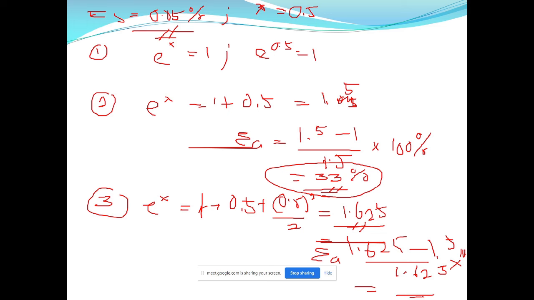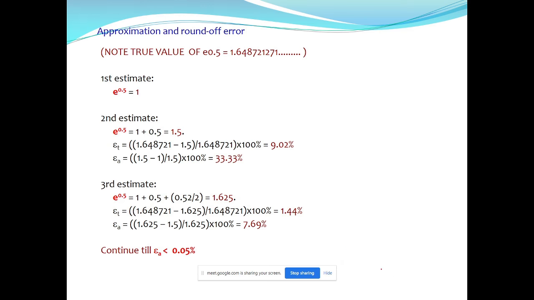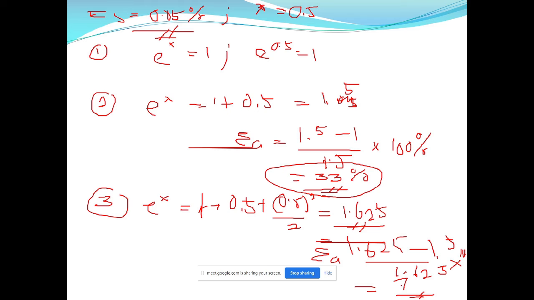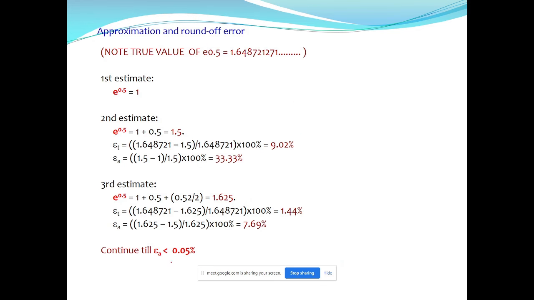So EA dia berapa? Tengok jawapan. So inilah EA dia 7.69%. Tengok yang ni 33, ni 7.69. Tengok beza dia. Nampak? Kan? Dia jawapan macam ni lah.